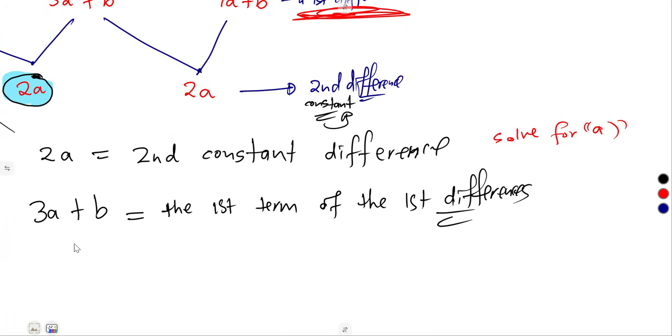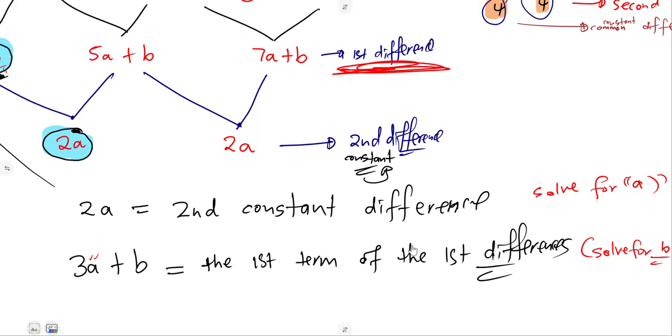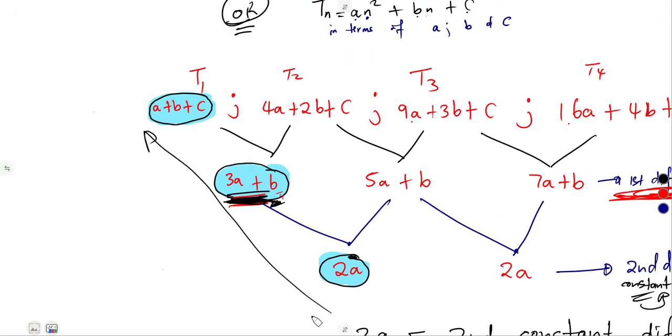Now that you have a, you must solve for b this time, because you already have a. Then to solve for c, you move along going up in that way.